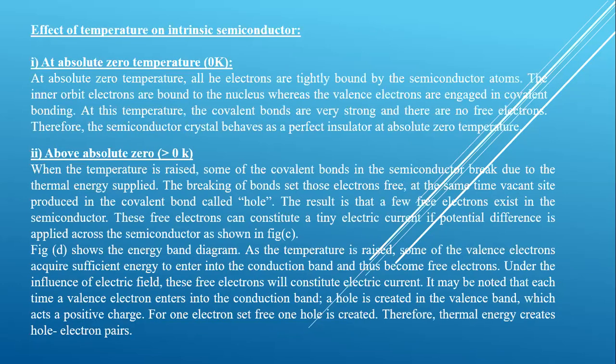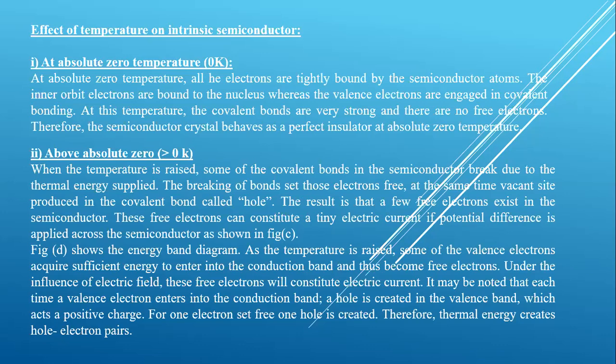These depend on the temperature. We can discuss at 0 Kelvin or greater than 0 Kelvin. What happens? You know at 0 Kelvin, all are insulators. At absolute temperature 0 Kelvin, all the electrons are tightly bound to the semiconductor atoms.